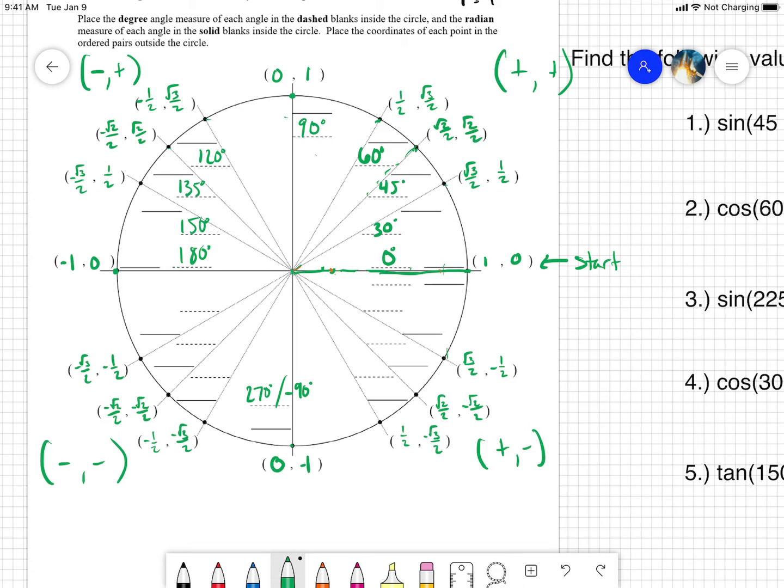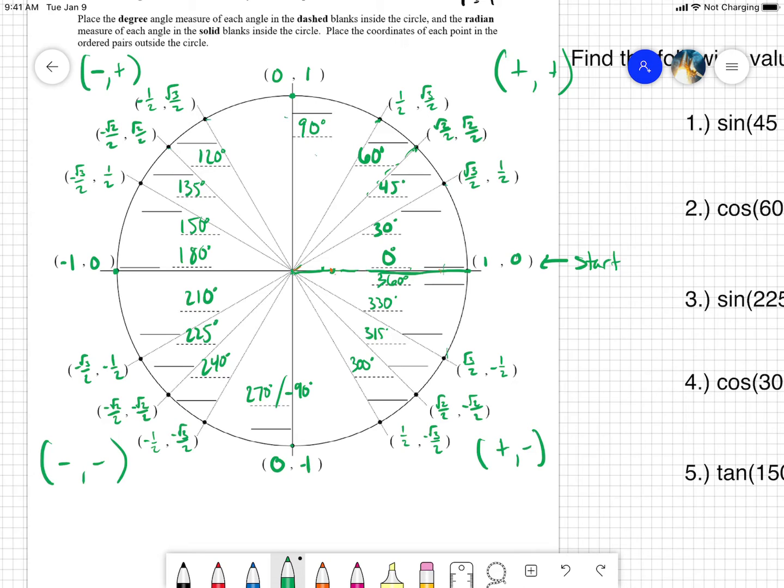And if I go another 30, this is 210, 225, 240 degrees. Now we're back to 270. Add another 30 gives me 300. Add 15 gives me 315. And then adding another 15 gives me 330. And then if I come back up here to 0, I also get back to 360 degrees. So 0 and 360 degrees are the exact same.